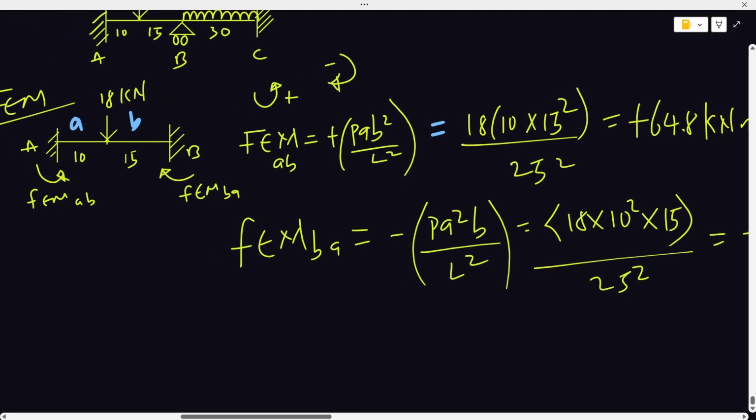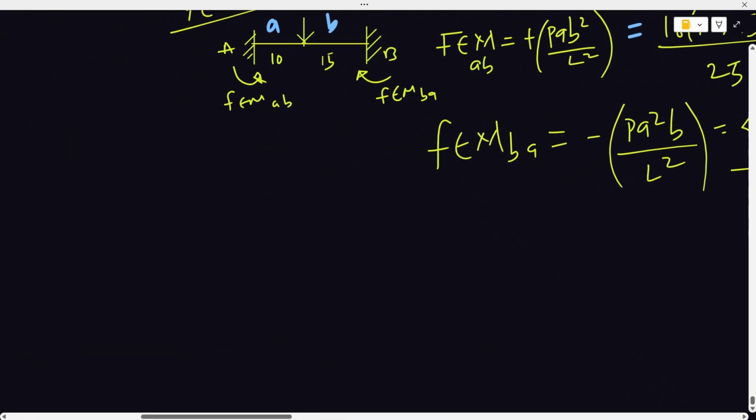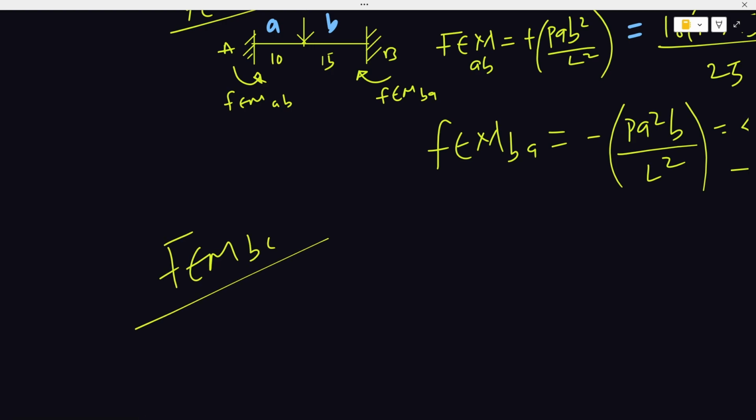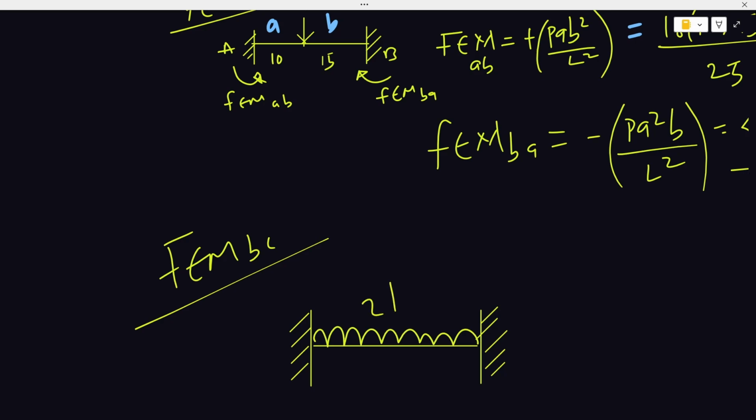So now that we have our fixed end moments for AB, we'll do the same thing for BC. So once again, I have this. I have 2 kilonewton per meter. I have 30.